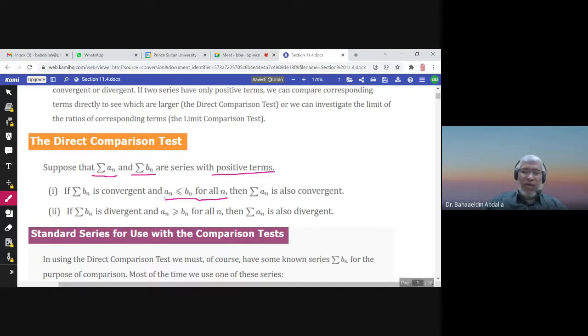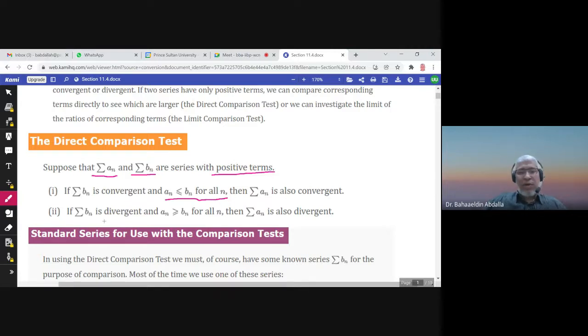So if an is less than bn, then summation an would be also convergent. So it says less than convergent is convergent. If there is a series with infinite sum and it is convergent, so this infinite sum has a limit, then anything less than that would be also convergent.